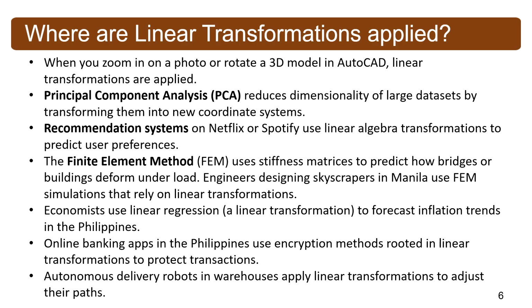Autonomous delivery robots in warehouses apply linear transformations to adjust their paths. In Japan, they use robots as their manpower, because they have a scarcity of manpower, unlike here in the Philippines. Autonomous robots move goods from place to place, and they use linear transformation to adjust their paths.